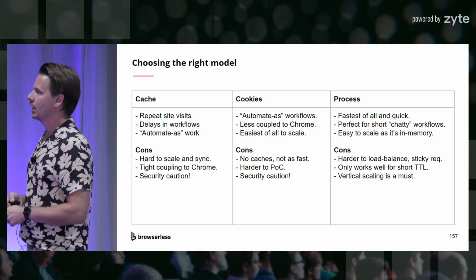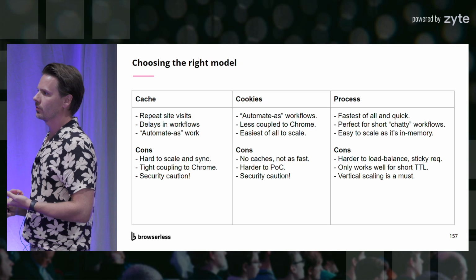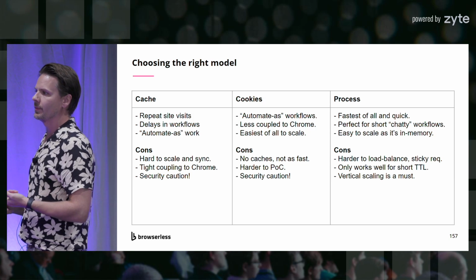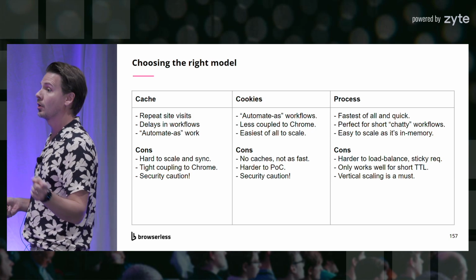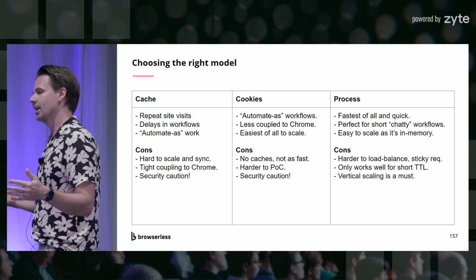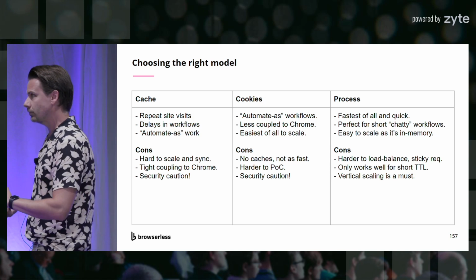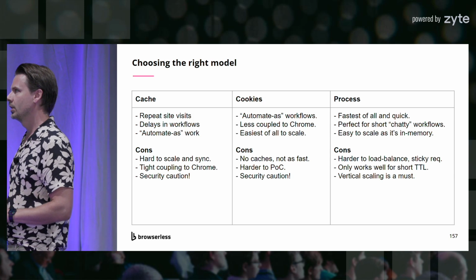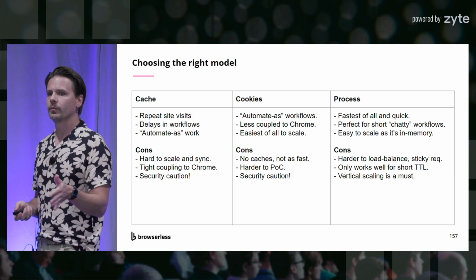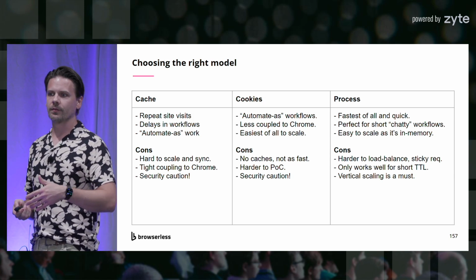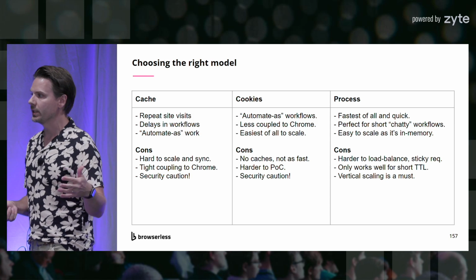But just to highlight, cache is great for chatty things that maybe need to come back and forth over a longer period of time. Let's say it's the span of days and you want to keep some sort of application state from Chrome around. That's probably the best time to use a cache. Cookies, again, for user logins that you want to persist maybe even longer than that, potentially days, weeks.